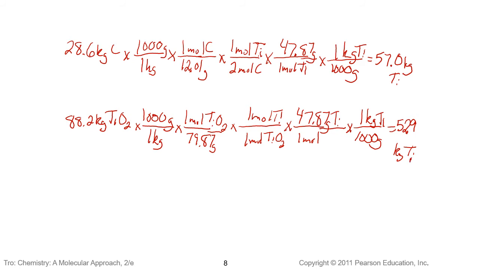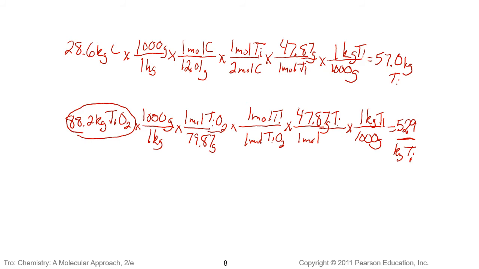So this tells us that our limiting reactant is our titanium 4 oxide because we make the smallest amount of product, and that the maximum that we can make is our 52.9 kilograms.